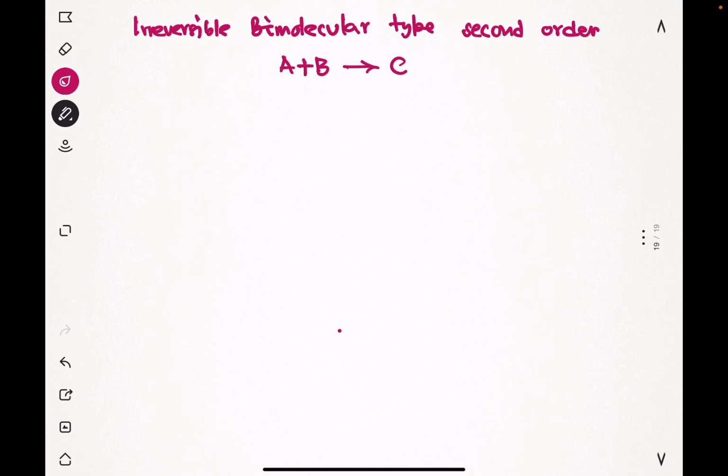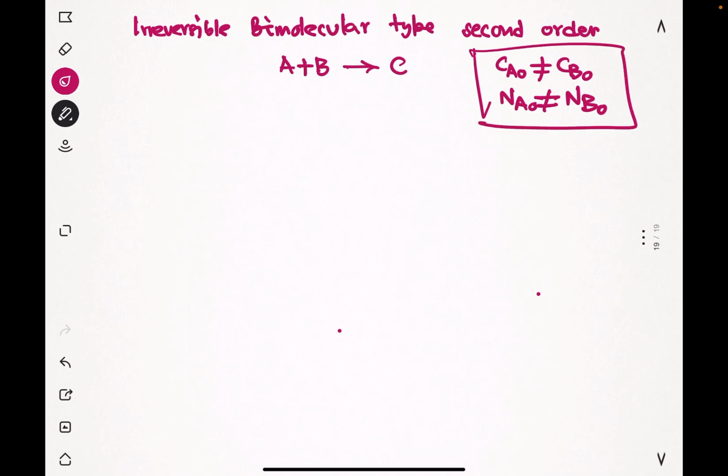And for this case, we are also assuming a number of things. Why? When we discuss the next reaction system, I'll come back here and answer this why.